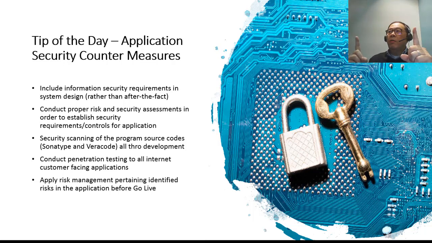It's only a window of time that the alarm is not on. But for an internet-facing application, it is available to the bad guys 24/7, 365 days a year. So you want to make sure that your outward-facing application is secure.